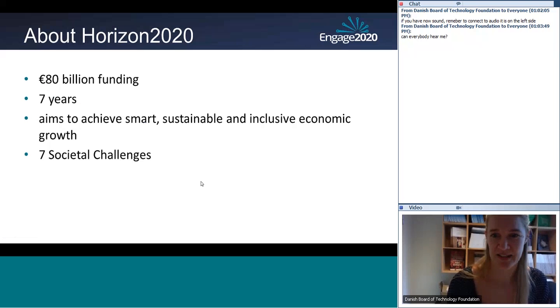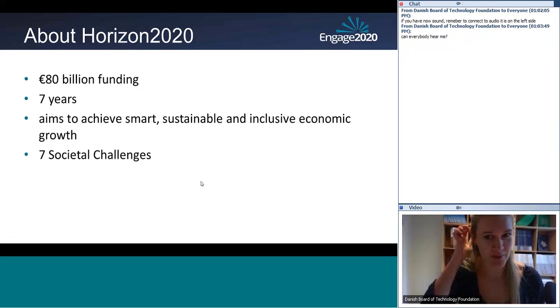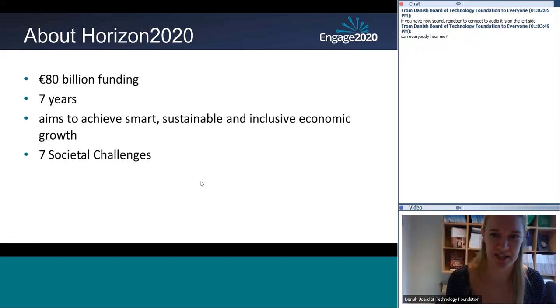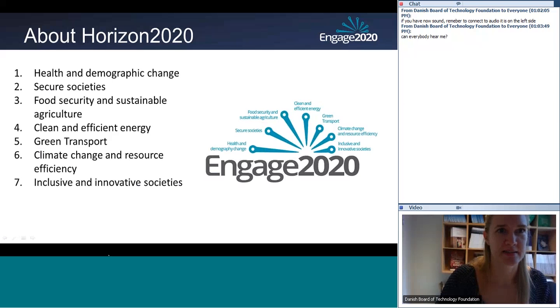One of the key aims of Horizon 2020 is to achieve smart, sustainable and inclusive economic growth in the European Union. So with this aim, it should call for societal engagement. And Horizon 2020 is working with the 7 grand challenges, which also makes sense.